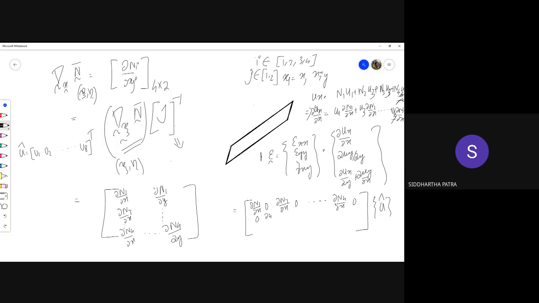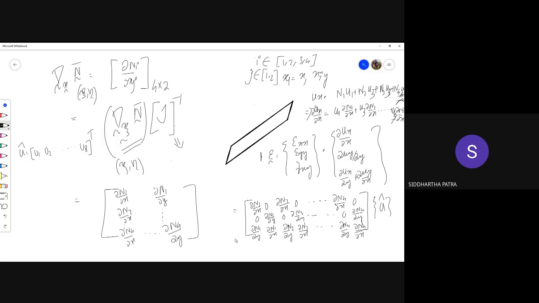Similarly, the second row is going to be just like the previous class, and ultimately 0 del N4 del y. And the third row is del N1 del y, del N1 del x, del N2 del y, del N2 del x, ultimately del N4 del y, del N4 del x.